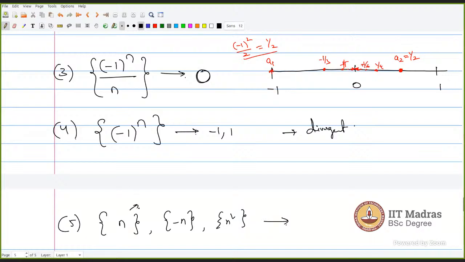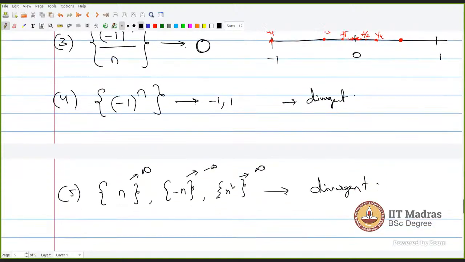This will go to minus infinity, this will go to infinity, and so on. These particular sequences are also divergent because they are not converging to some particular value, or getting closer and closer to some particular real value. This is going to infinity. So even in this case these are divergent.